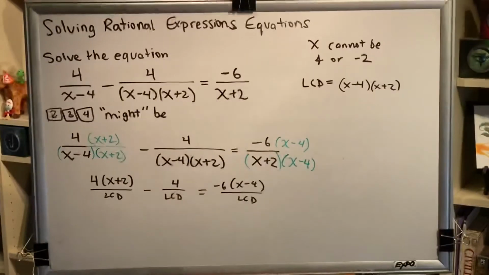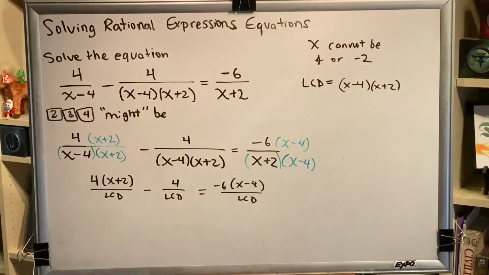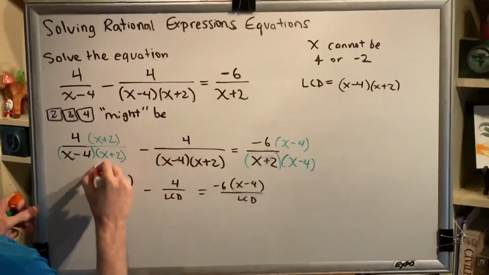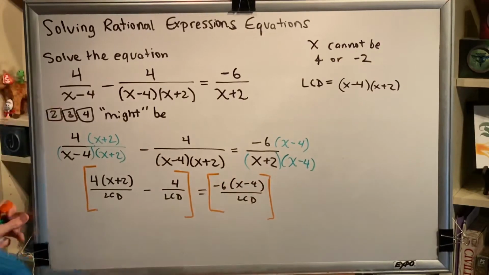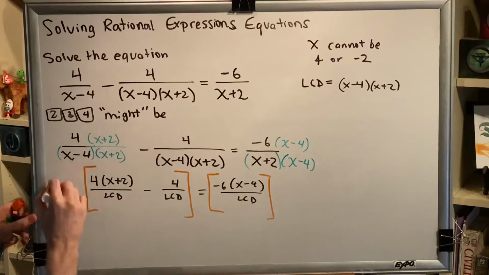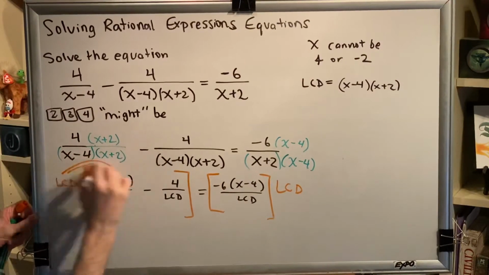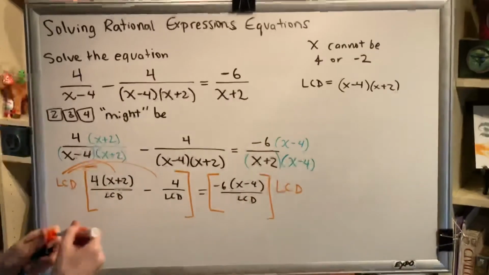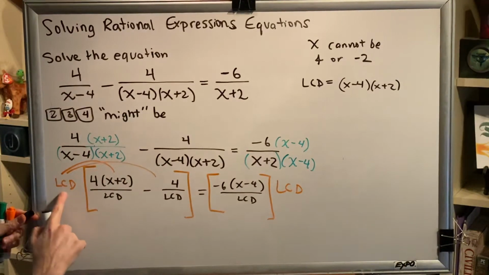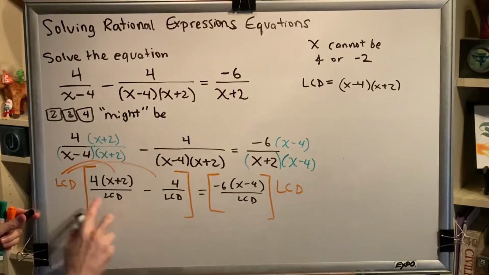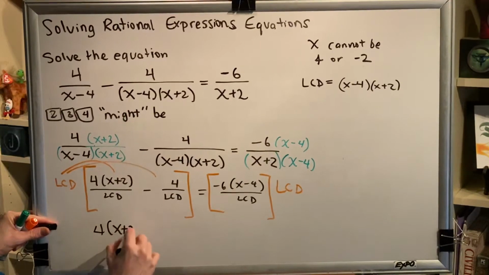All right, the next step in solving this problem is to clear the fractions by multiplying both sides by the least common denominator. When I say both sides, I really mean both sides. The entire left side and the entire right side are going to get multiplied by the least common denominator, LCD. On the left, it will be distributed here and here. On the right, it will simply multiply. Now, if we are thoughtful and careful, we will understand that when the LCD is distributed to this first fraction, the LCD up top will cancel the LCD down below, leaving us just the numerator.